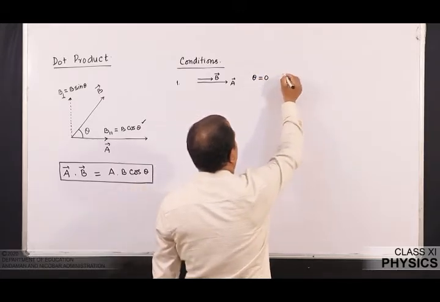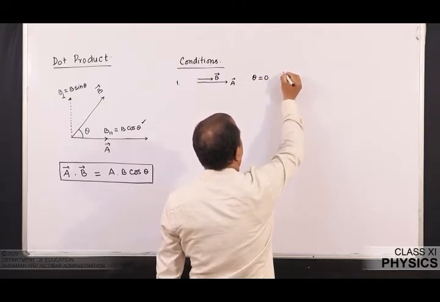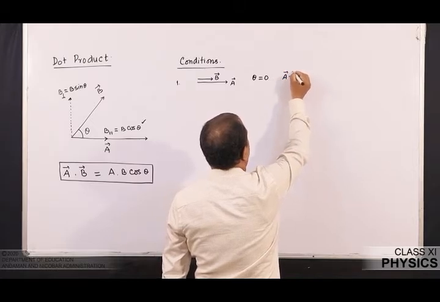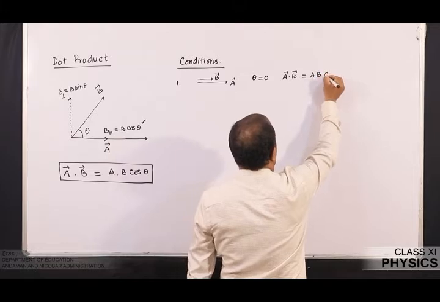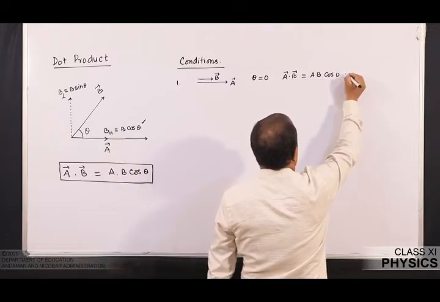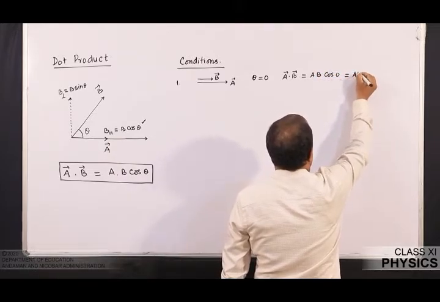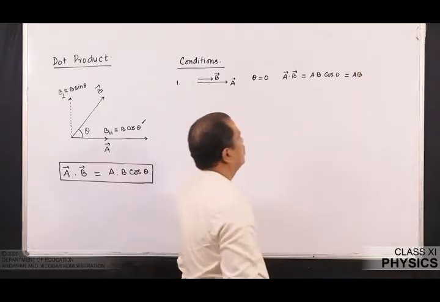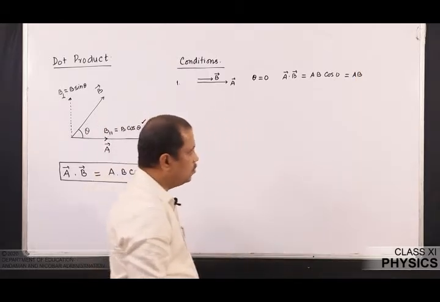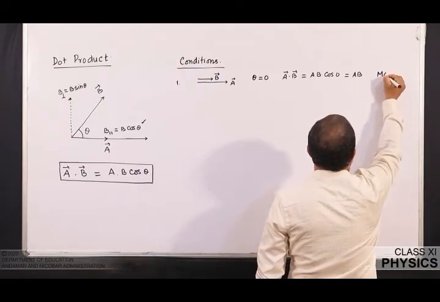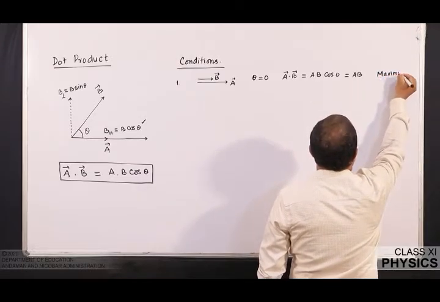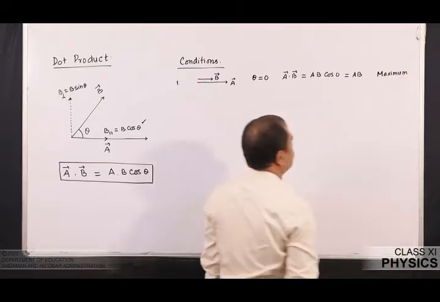If theta is equal to 0, then when I find the dot product of the two, it is simply going to be A B cos 0, which is A B. This value of the dot product is going to be the maximum value.